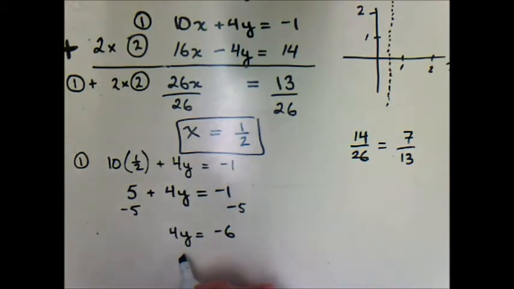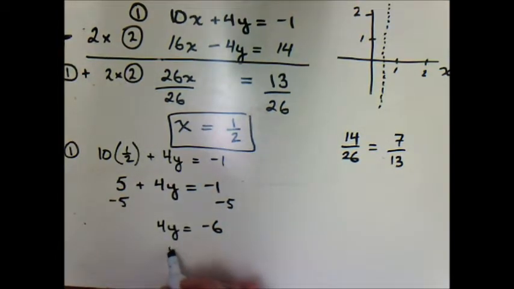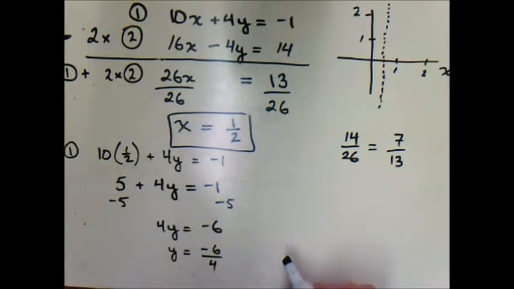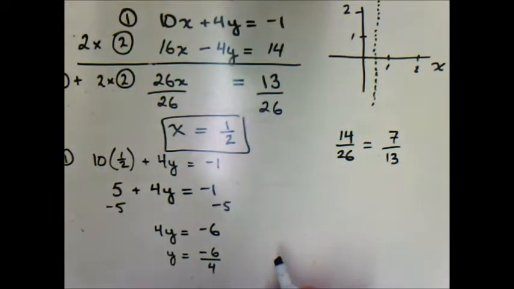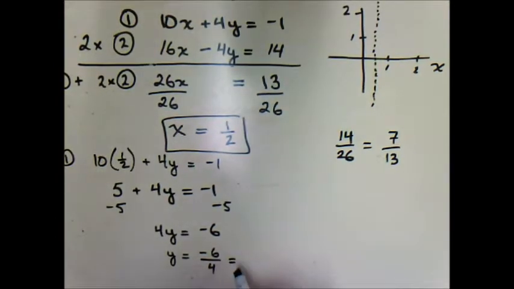And now I'm dividing both sides by 4, which gets me y equals negative 6 over 4. This is not in simplest terms, though. So I need to rewrite this negative 6 over 4. I can divide the top and bottom by 2, and I can get negative 3 over 2.